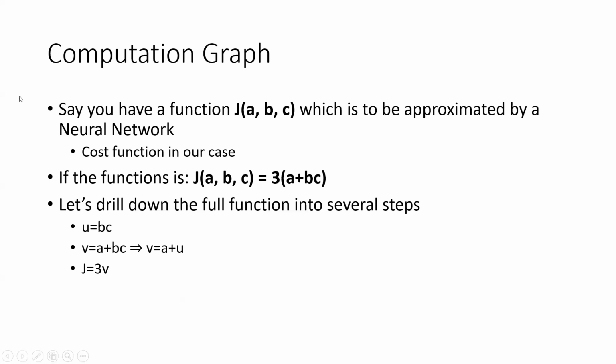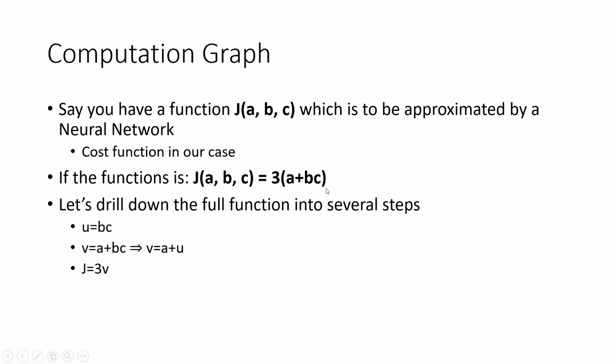For that, first say that you have a function J, which is the cost function, with parameters a, b, c. This function is to be approximated by a neural network. Generally we take J as the cost function, but it can be a cost function or not. Suppose the real function inside this J is 3 times (a plus bc).